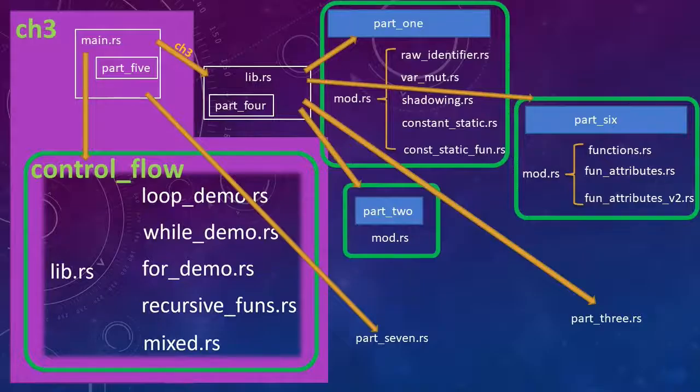We can call the raw_identifier function from main.rs. We get it through lib.rs, and lib.rs gets it through part1's mod.rs, and mod.rs gets it through the raw_identifier module, and the raw_identifier module has the function with public visibility.